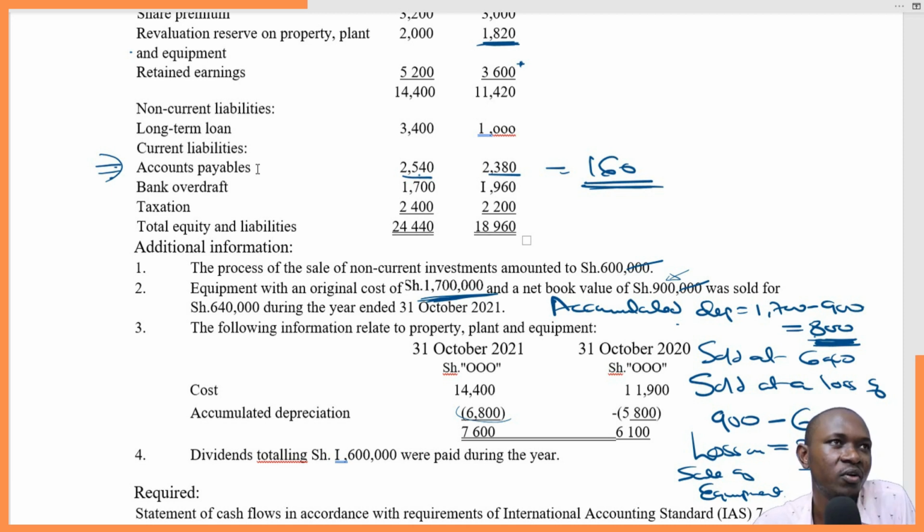It's like, for example, we can take it like a loan. A loan, when our loan increases, it simply means that we have received some money. So it's the same thing here. Our accounts payable has increased, which means that we are holding on to their money. So it's like an increment, a cash inflow to us.